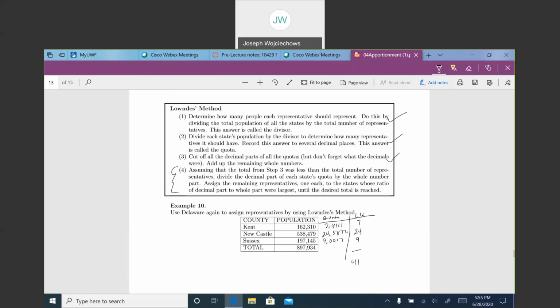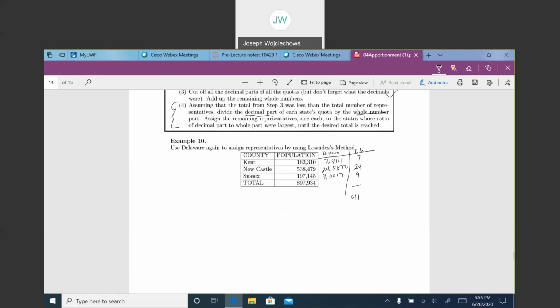We're going to divide the decimal part by the whole number part. So let's start with Kent. The decimal part being 0.4111, and we're going to divide that by the whole number part of 7.